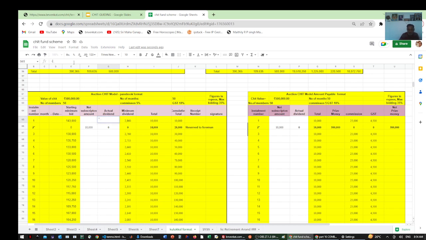Therefore, it will be equal to 1,75,000 divided by 50, which is 3,500 rupees. And the net subscription will be 10,000 minus 3,500, which is 6,500 rupees. And for the first month, accordingly, these two columns are copied into it.